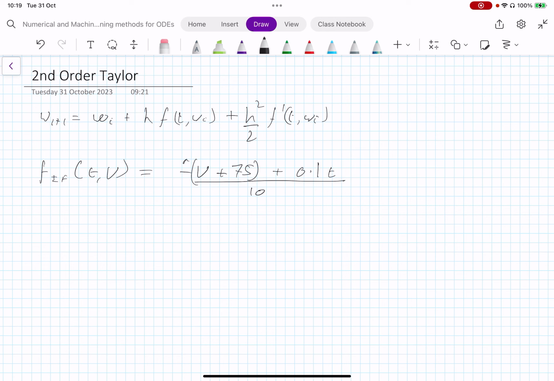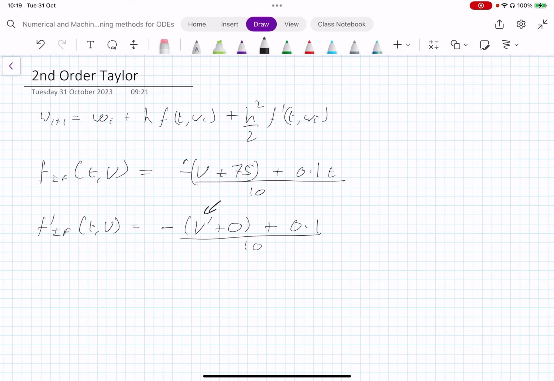So that's our f. To calculate f dash, we need to differentiate this. So f dash of t, v is equal to minus v dash plus 0 plus 0.1, all divided by 10.